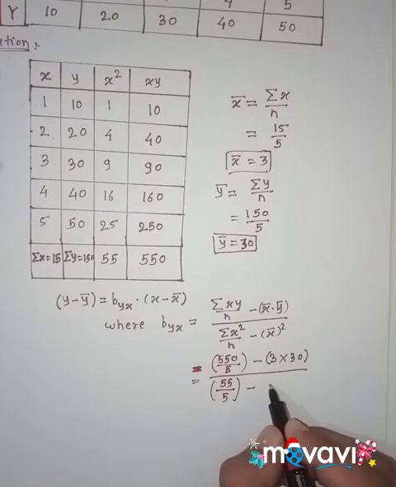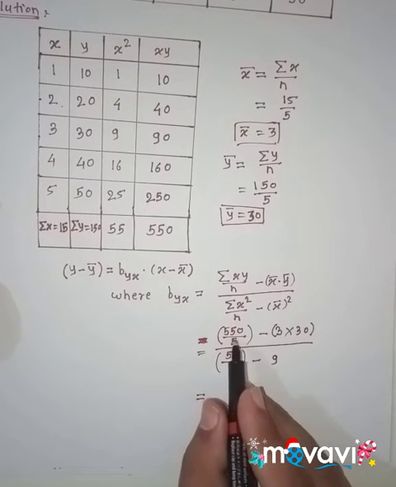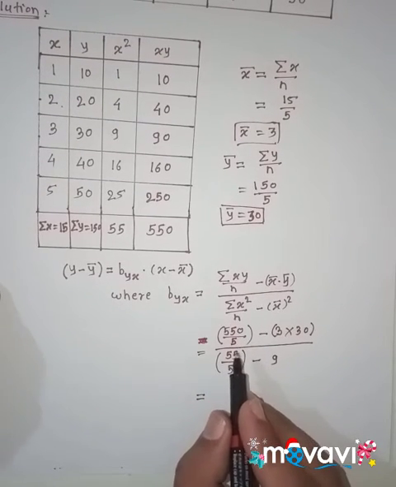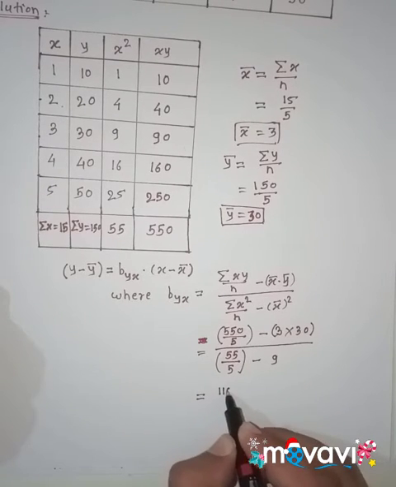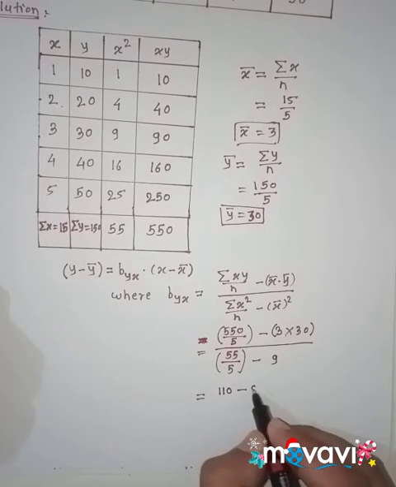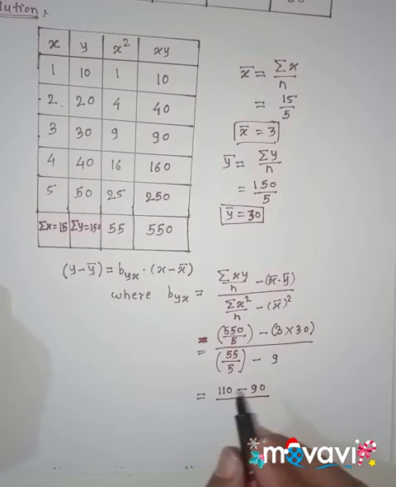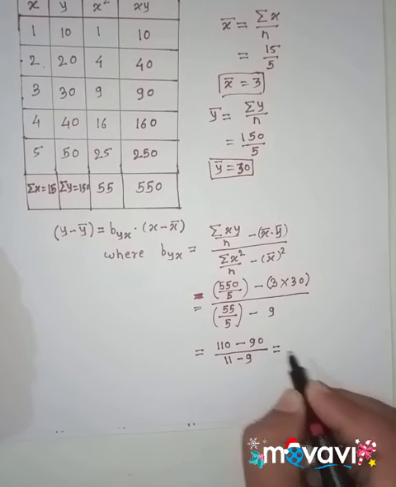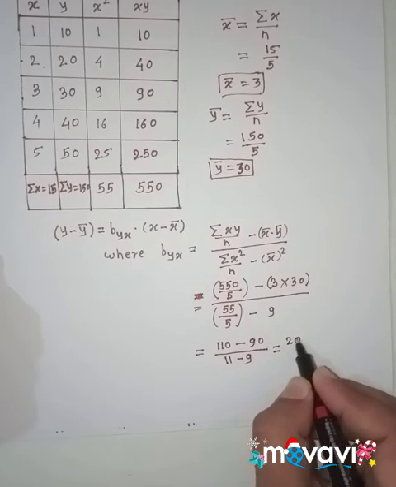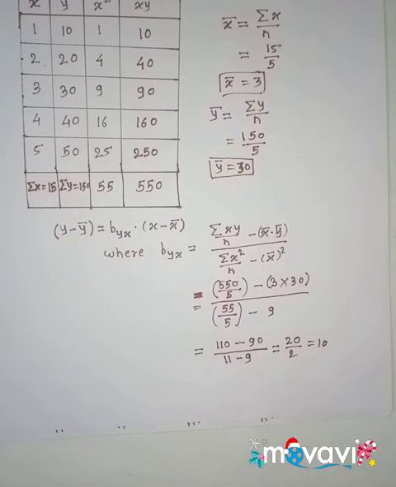X bar is 3, so 3 square is 9. So 550 upon 5, if we divide 550 by 5, we get 110 minus this 90, upon 55 upon 5, which is 11 minus 9. So this is equal to 20 upon 2, which is equal to 10.